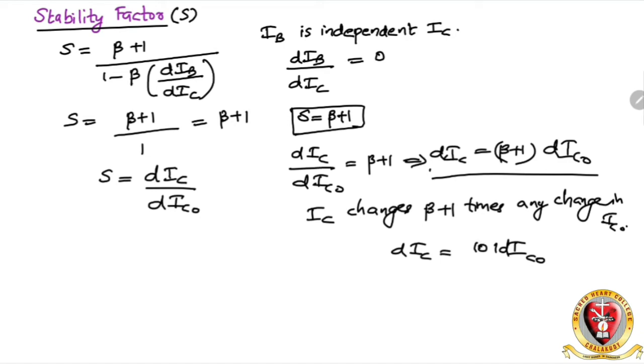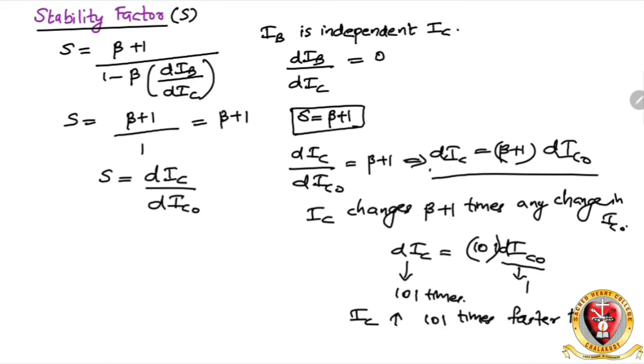So what does this mean? It means that when dICO changes one time, dIC will change 101 times. That means IC increases 101 times faster than ICO. So the variation of IC is very fast or very large.